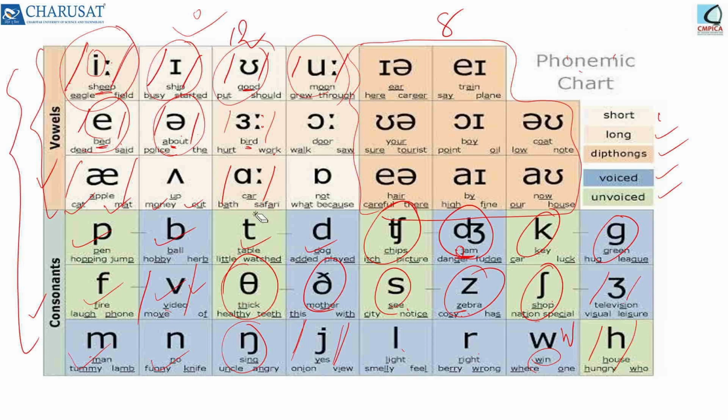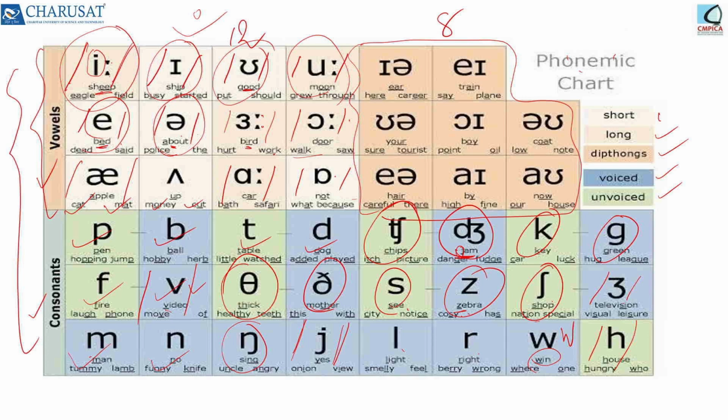Then this is also o, short o and long o. O as in not, and this is door. Not, walk. The o sound that comes over here is not the o of Hindi or Gujarati, so it would not be orange as we say it, but orange.